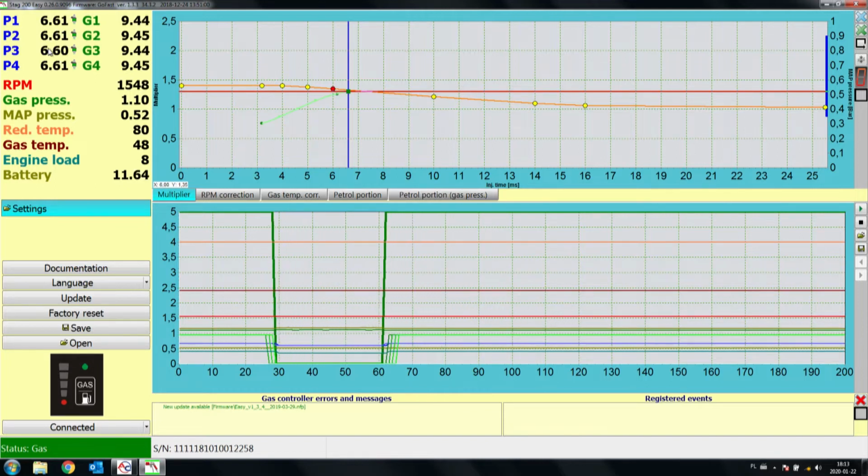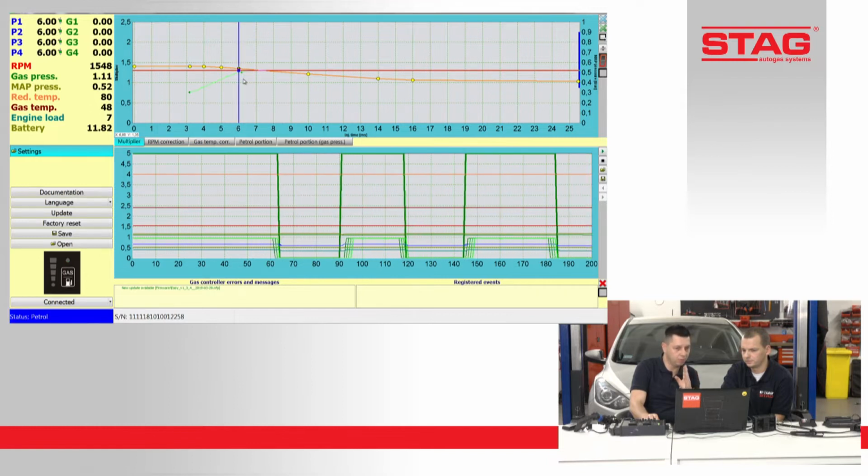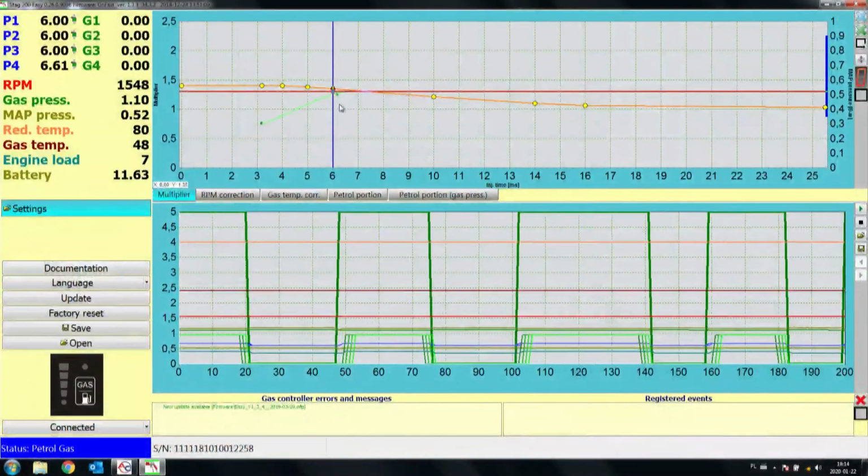What we can also see, because sometimes looking at those 4 injectors is not easy during driving, is that in that situation you can use the multiplier map, and we have the blue vertical line. As you can see, Maciek is changing from petrol to gas, and you can easily see on the multiplier map that the blue vertical line changes its position.